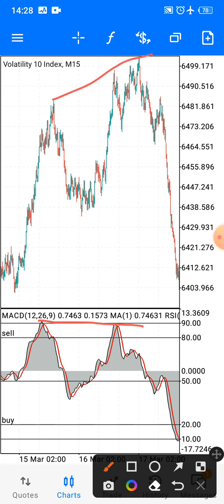Then you also have to use some other entry methods, some other entry criteria to filter, to make this strategy more reliable, because you just can't enter on the crossover there. As you can see, it crossed over somewhere in here, and it went down for a little while.